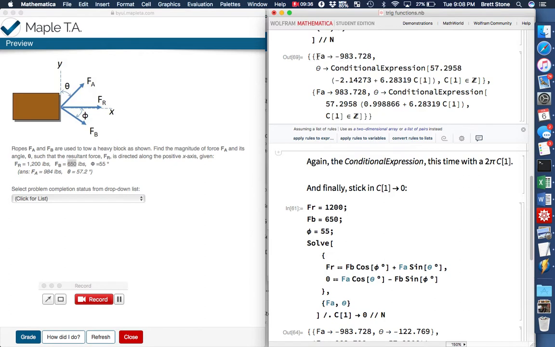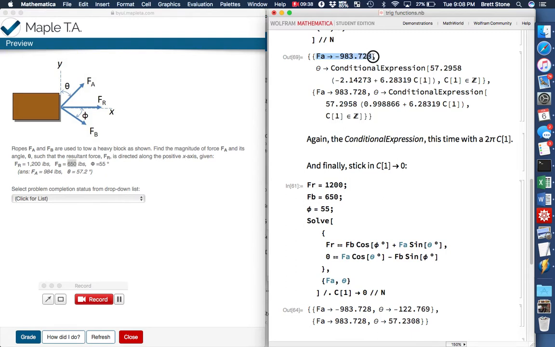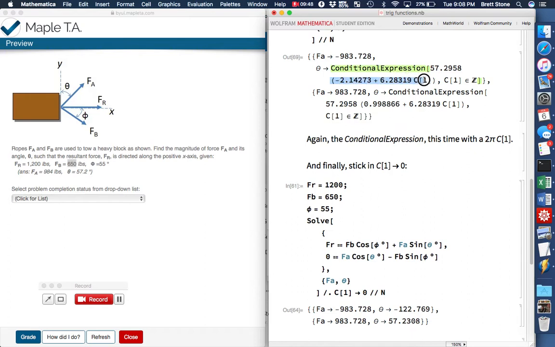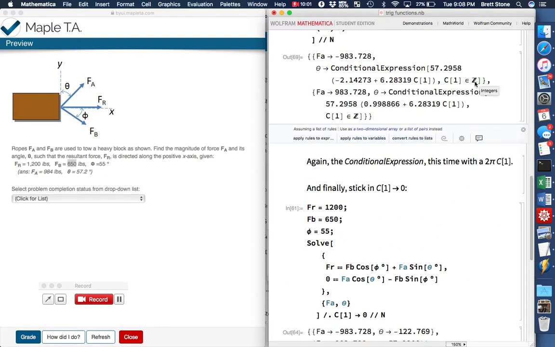It says it could be either FA is equal to -983 and theta is equal to 57.2 times -2 plus 6.2 times some arbitrary constant C when C belongs to, if I hover over this, Z, this kind of funky double bar Z, the integers.